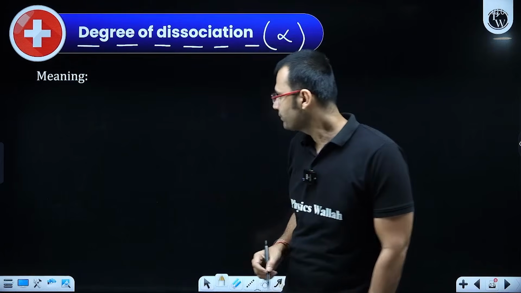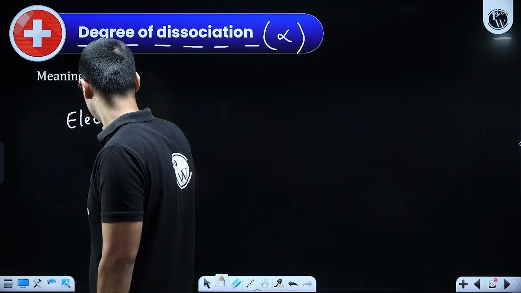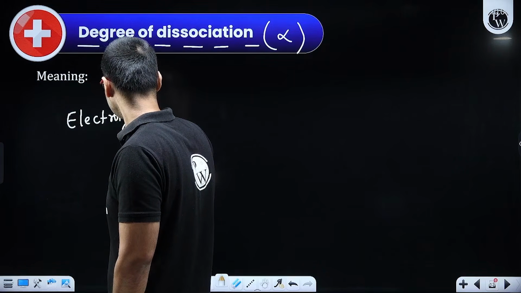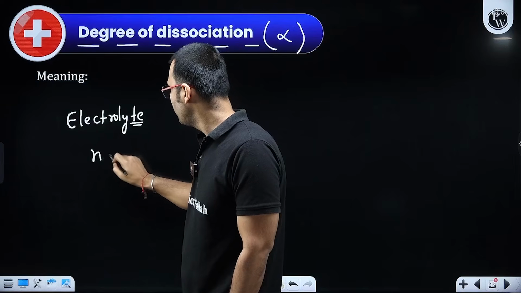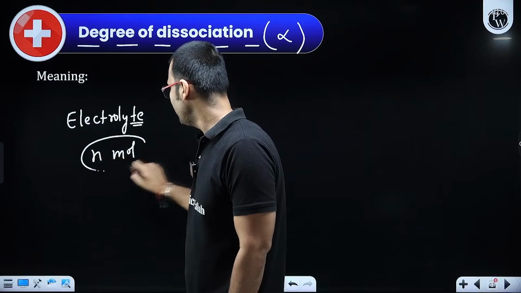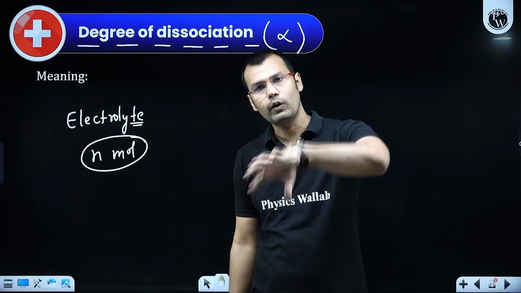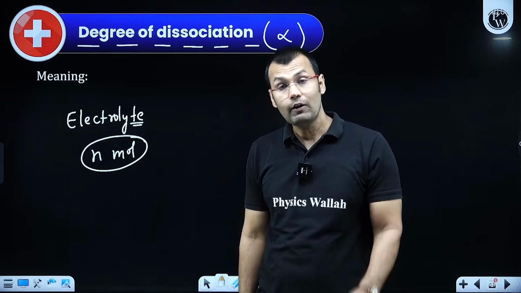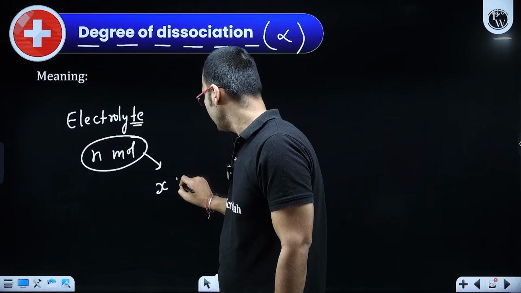So suppose I took an electrolyte, right, and I took n moles in total. Means I took n moles of an electrolyte and I dissolved that into water to make a solution. Now out of n moles, suppose x moles are getting dissociated.